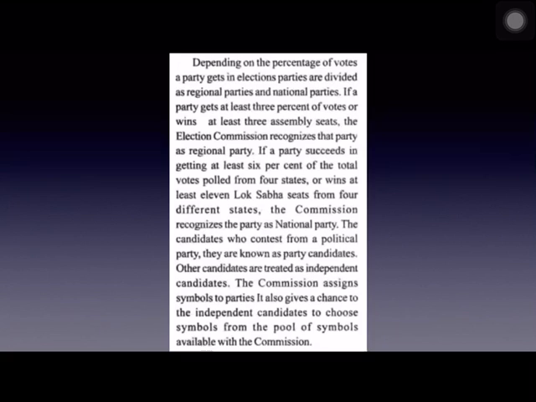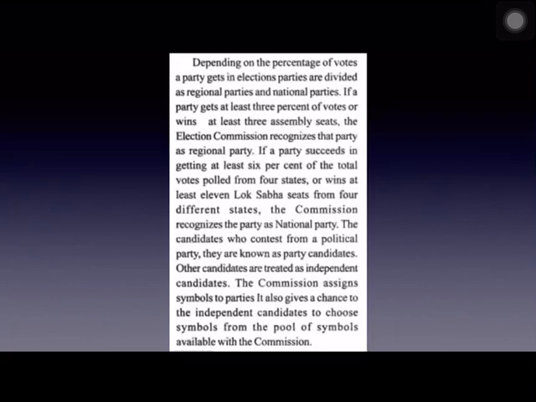A party which gets at least 3% of votes or wins at least 3 assembly seats is recognized by the Election Commission as a regional party. For example, TDP, YSRP, Trinamool Congress in West Bengal, SAD in Punjab, Shiromani Akali Dal, all these are regional parties.